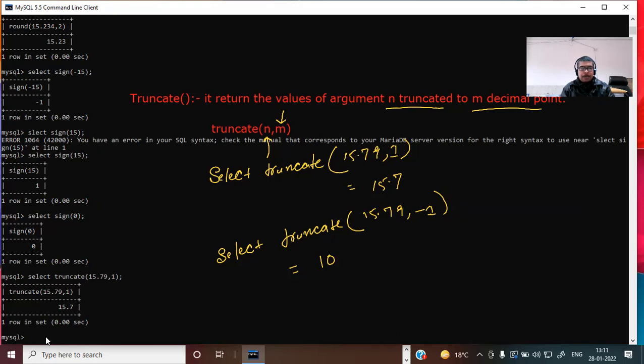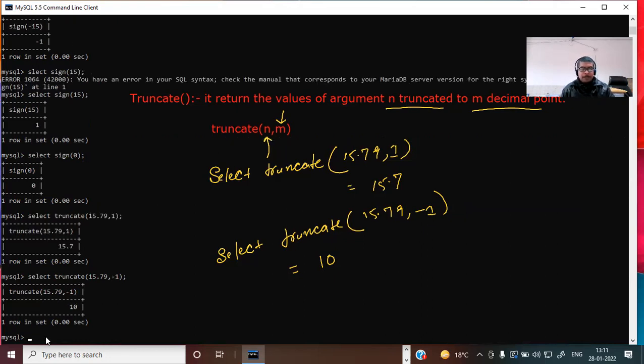Second, I'm changing the sign: select truncate 15.79 and I am writing -1. You can see it is giving 10.